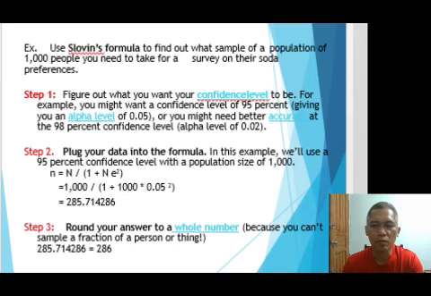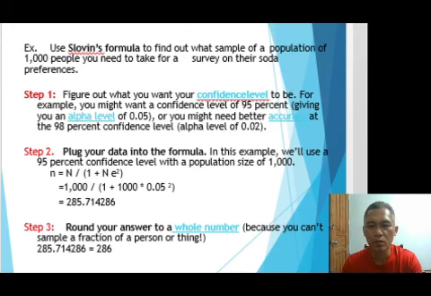If, for example, the researcher's confidence level is 95%, that gives a 0.05 margin of error. However, if the researcher considers a 98% confidence level, he will then be using a 0.02 margin of error.